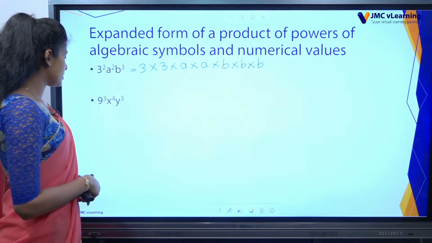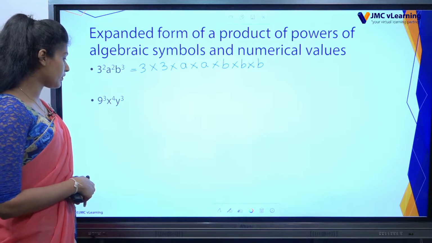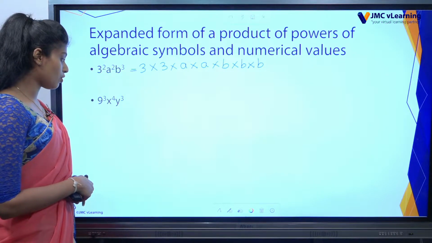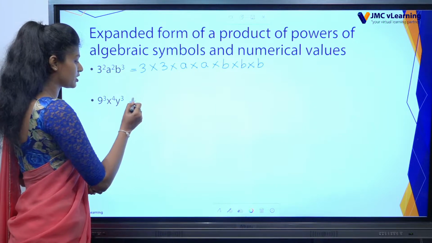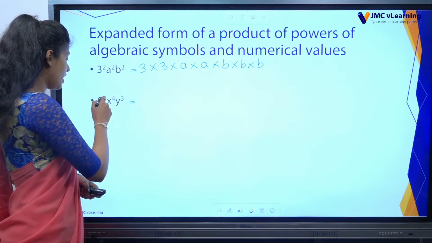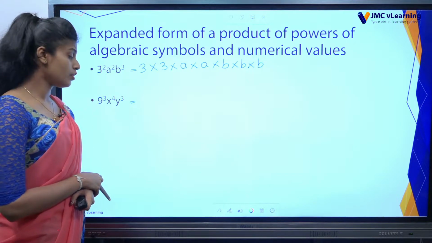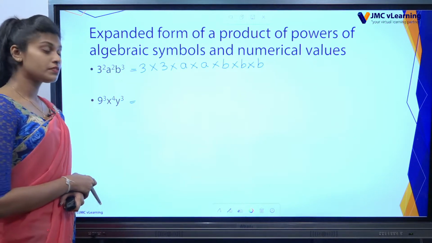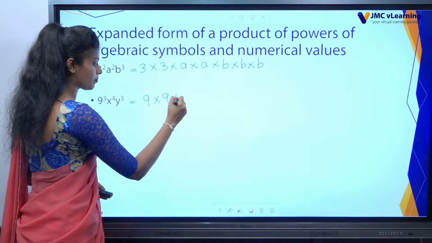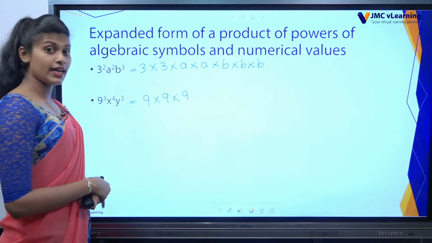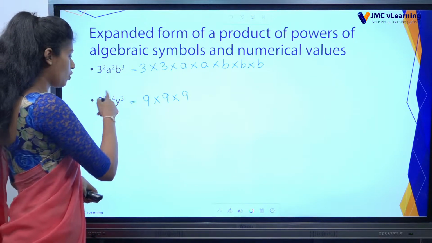The next one is 9 to the power 3, x to the power 4, y to the power 3. How can you expand this one? 9, how many times do you have to multiply? 3 times. 9 into 9 into 9. Then x, how many times? 4 times.